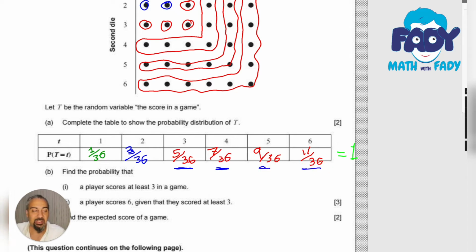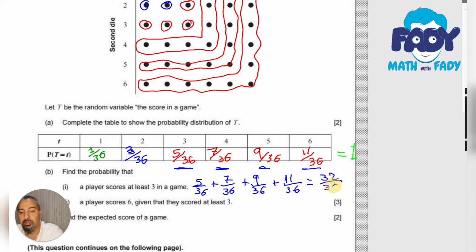So all we need is to add these probabilities: 5 over 36, 7, 9, and 11. This is a total of 32 over 36.